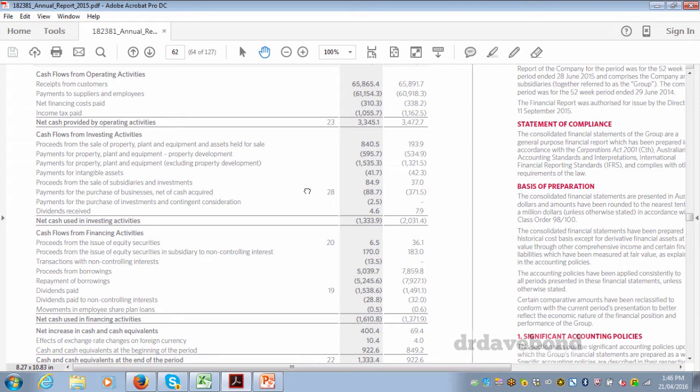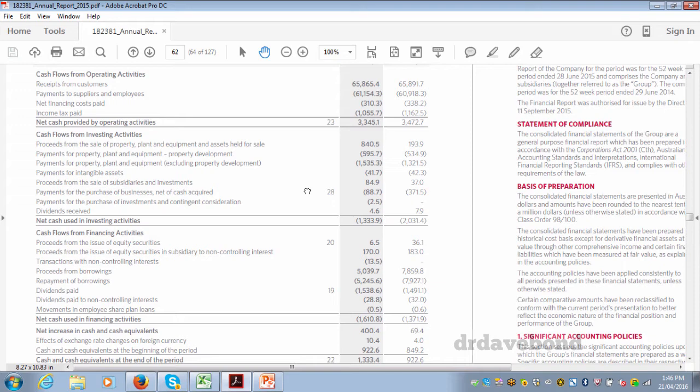You will generally see interest and tax in operations, up here, and you will generally see dividends paid down here. We won't see dividends received in this subject, so you don't have to worry about it too much. But just bear in mind that these are generally where they go, they don't have to be there. Once you've got that, you've got the net amount, the start and the end, and that is a cash flow statement.